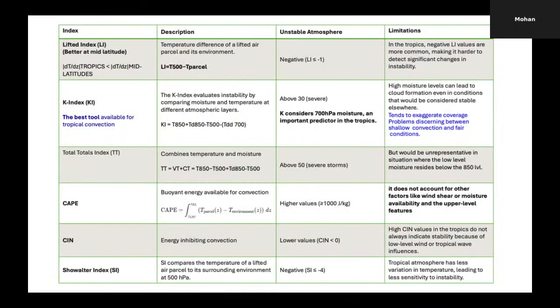So this is a brief table of the indices that I have given. Each one has its own advantage and its own disadvantage. Some of the indices are single level, where it doesn't go beyond that level and doesn't know what is happening at other levels. CAPE is an integrated product, which doesn't give you what is happening in between.